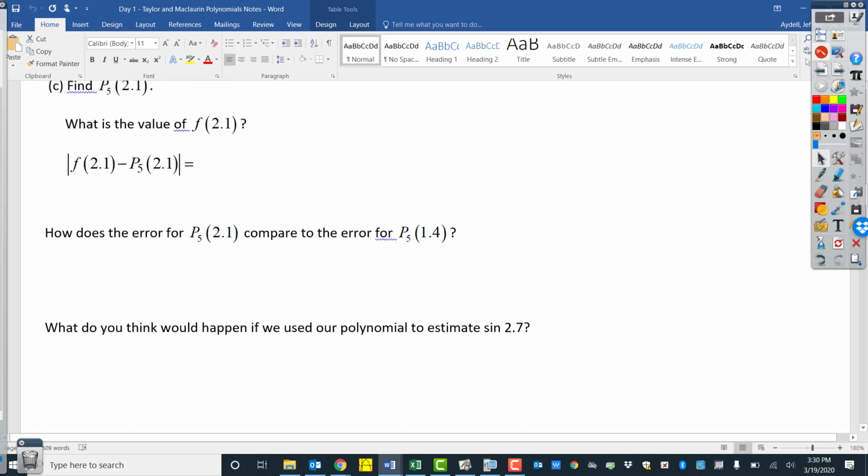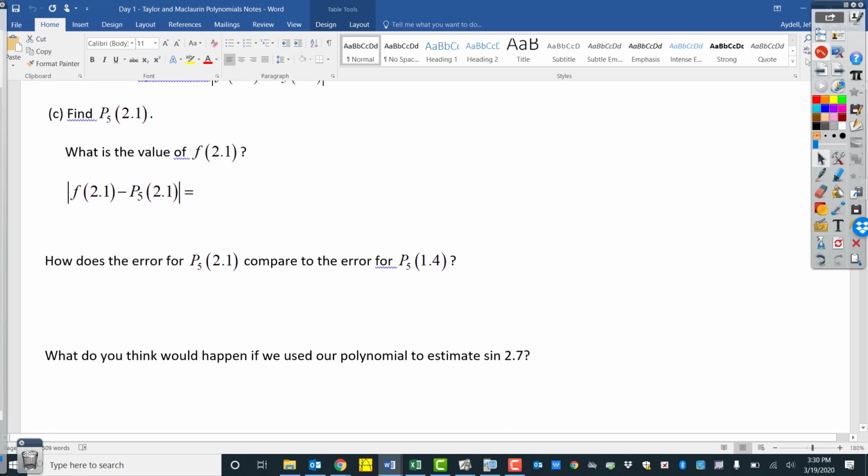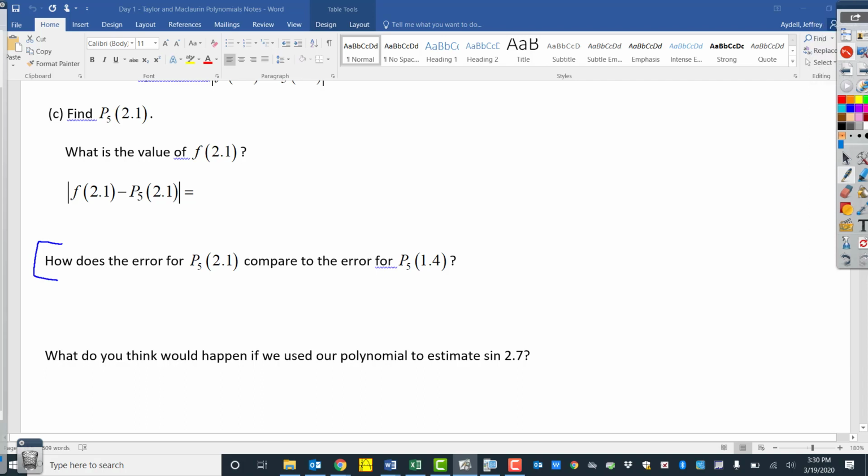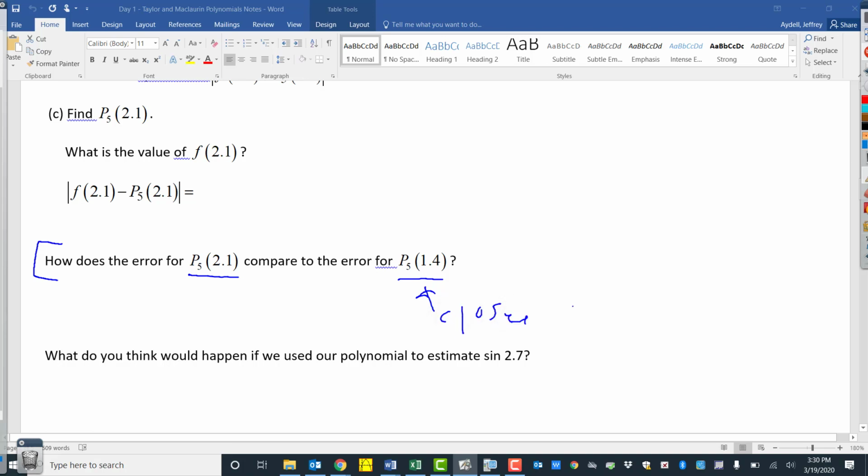Now, after you do that, you can look at this one and get a good thought about this. What you should see is that this error is actually smaller than this error. The reason is that this one is closer to the center.